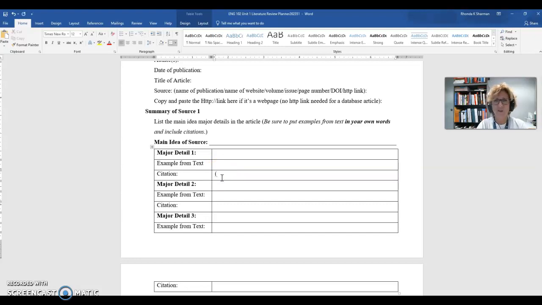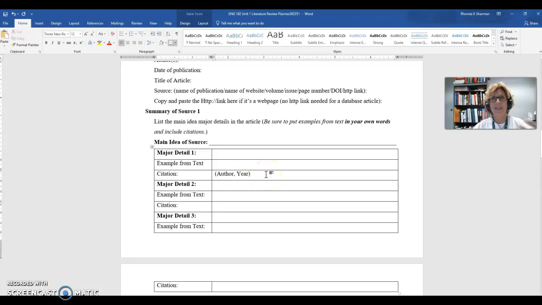And then here you will show the citation. Now, we haven't gone into this a lot, but the basic citation form is to put down the last name of the author, comma, and the year. And that should work for your articles. Occasionally you do not have an author.